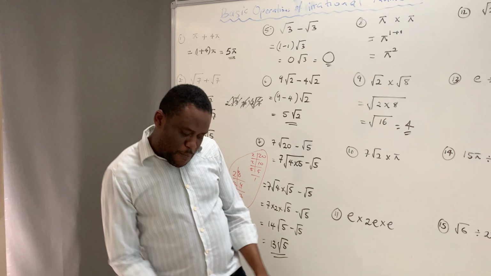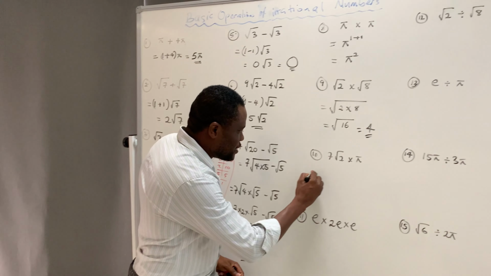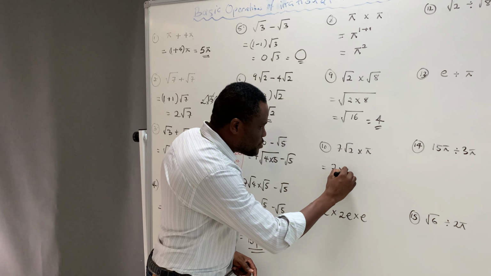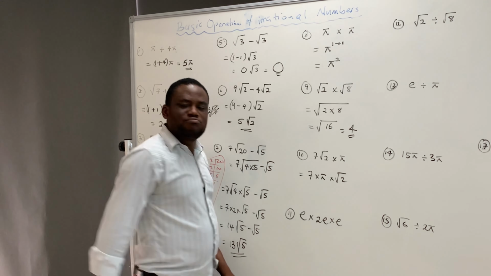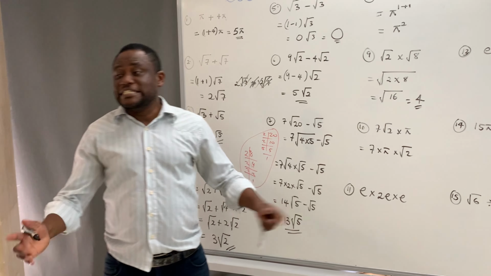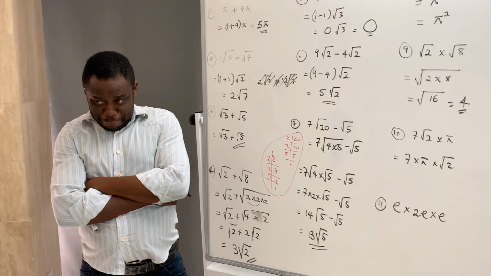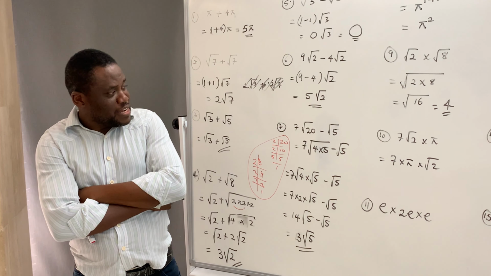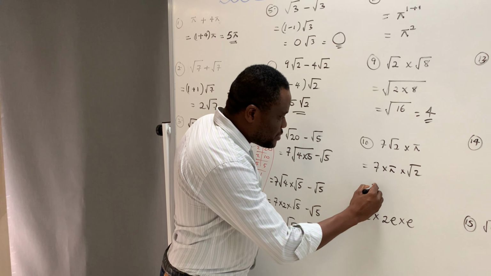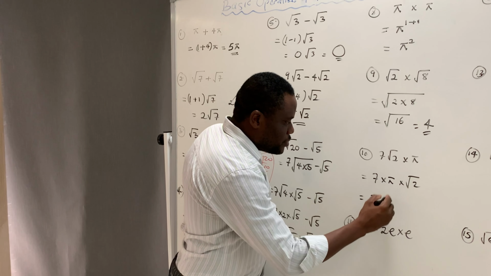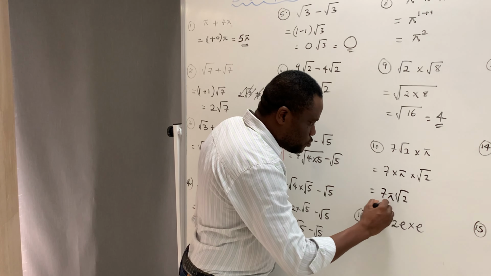The one that did not have root, you can put them together. So you can say 7 times pi times root 2. Now I can say 7 times pi will give me 7 pi root 2.